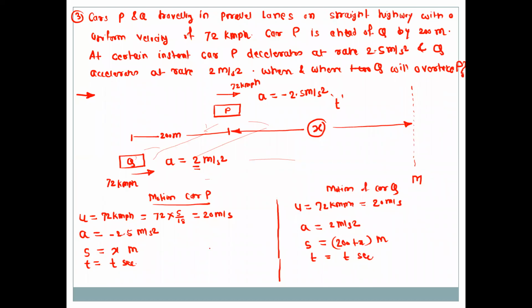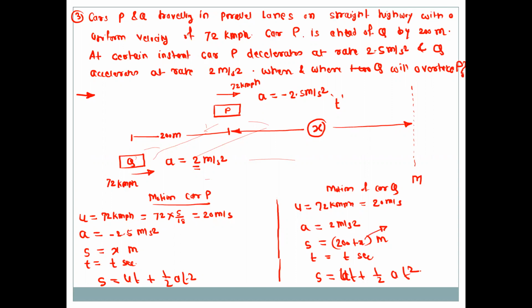Okay. So during this time t, car P is decelerating, and during the same time t, car Q is accelerating. Okay. So now use the equation s is equal to ut plus half at square, and use the same equation for the car Q. Okay, and put this data and find out the distance x.